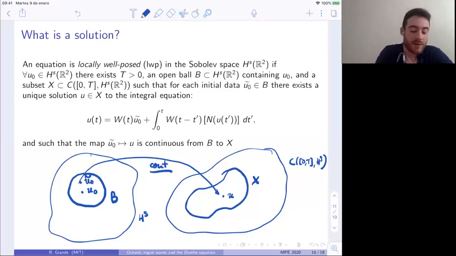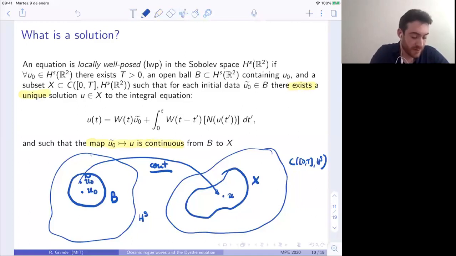So these are all the ingredients that you would expect from the notion of solution of Hadamard, for instance. This has existence, uniqueness, and of course some sort of continuous dependence on the initial conditions of the system.